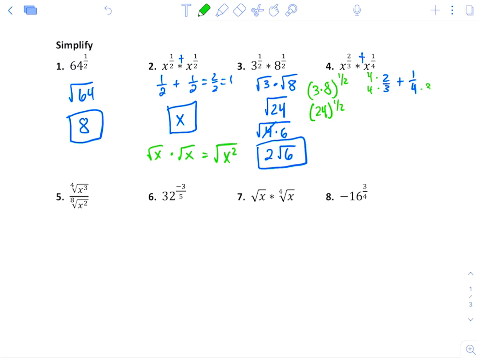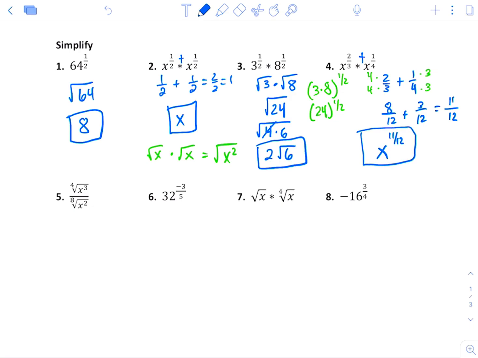And then on the second one, we are doing that same thing, but by 3 to get that common denominator of 12. So this will become 8 over 12 plus 3 over 12. So when I add, we're adding the top parts together, so 11, and then the denominator stays the same. So this would be x to the 11/12.